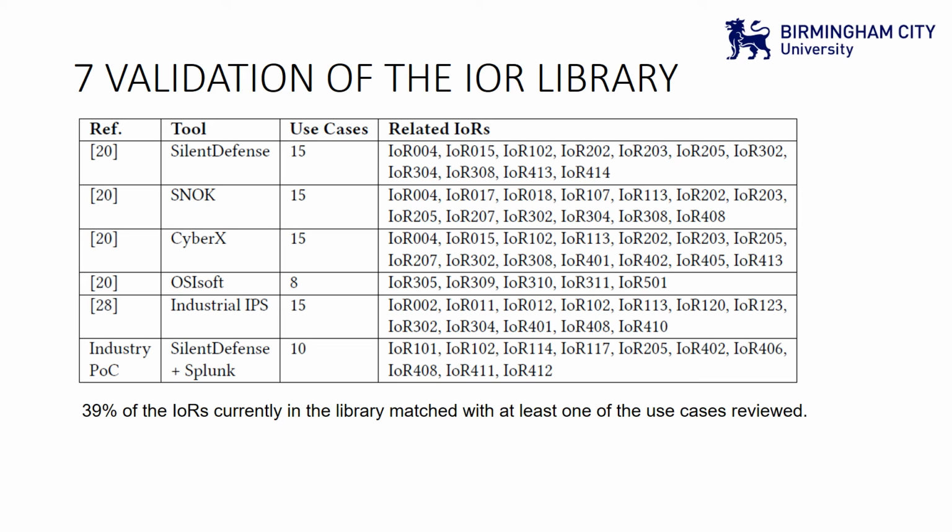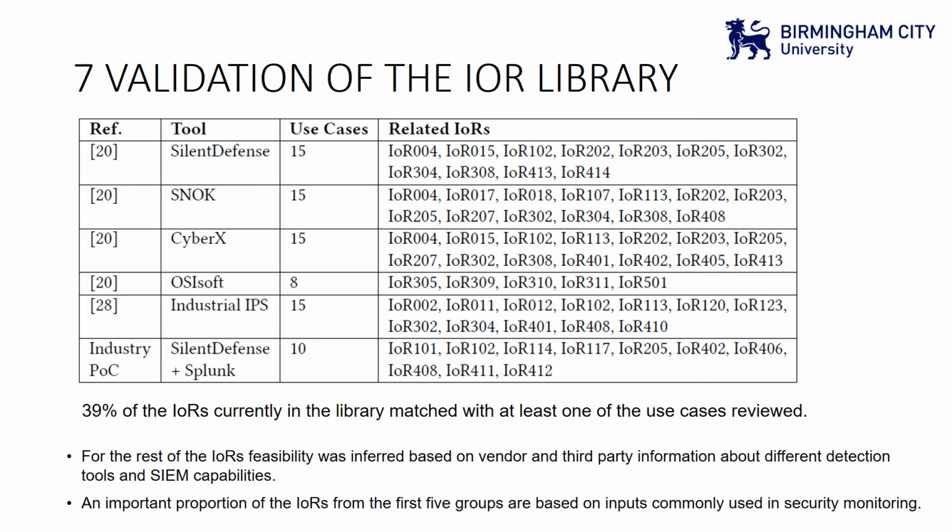Examples of these tools, which are specialized for ICS, are Silent Defense or SecurityMatters. We matched the different use cases with our indicators of risk, which had a coverage of 39% of the library. For the other indicators of risk, we inferred the feasibility based on the vendor information of different detection tools and also on known SIEM capabilities.